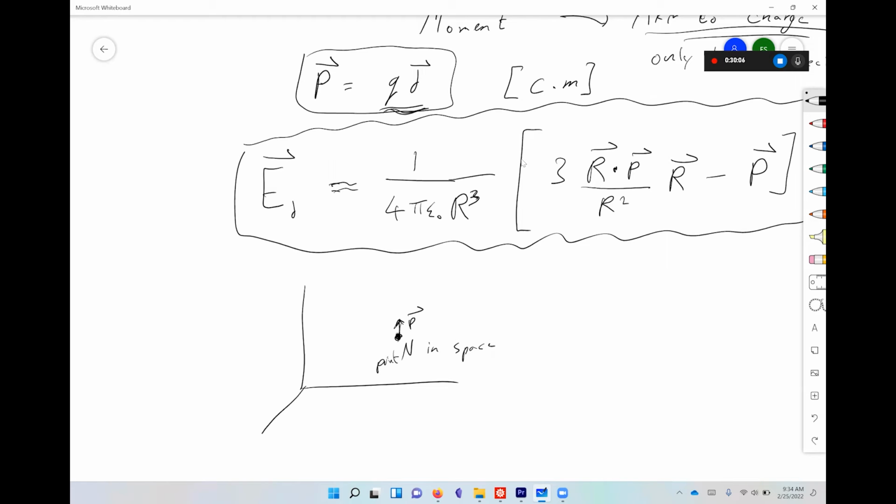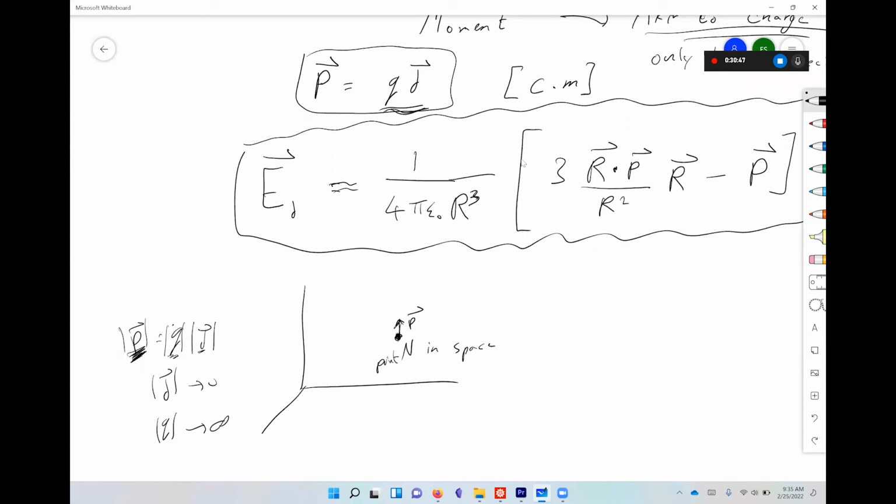So really, for ideal dipoles, P is proportional to both the charge magnitude and the distance: P equals magnitude Q, magnitude D. Really, an ideal dipole at a point is something where D approaches 0 and Q approaches infinity. But the product of both of them, one approaching 0 and the other approaching infinity, is a limit, a certain value, and that certain value is the magnitude of the electrical dipole moment.